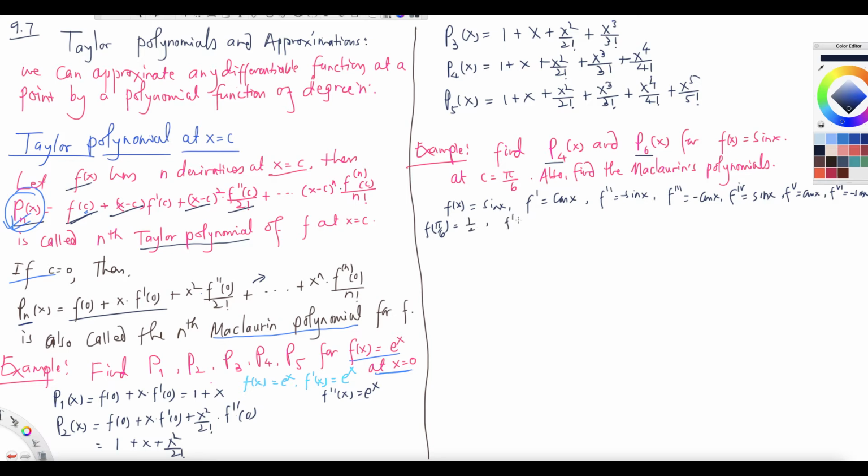So f prime at that time will be root 3 over 2. f double prime at that time is negative 1/2. Okay, f triple prime is equal to negative root 3 over 2. All right. And then the fourth derivative term will be again 1/2.